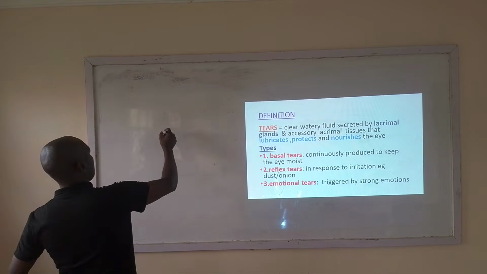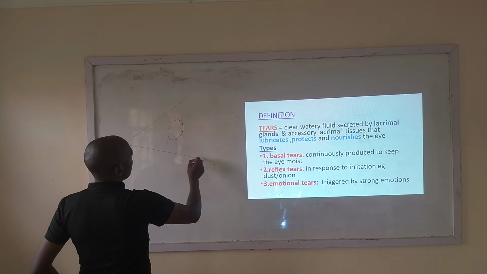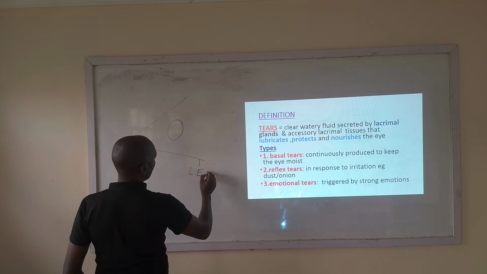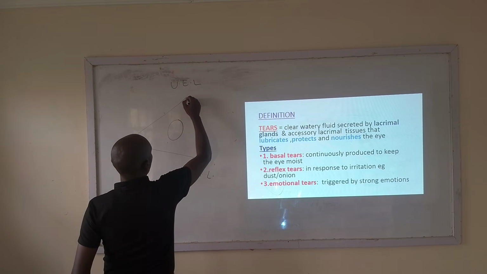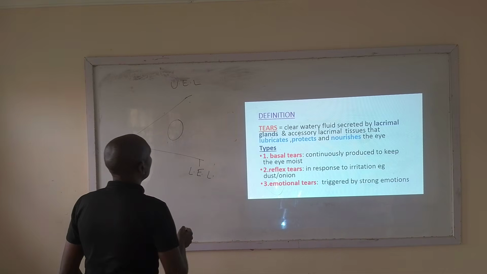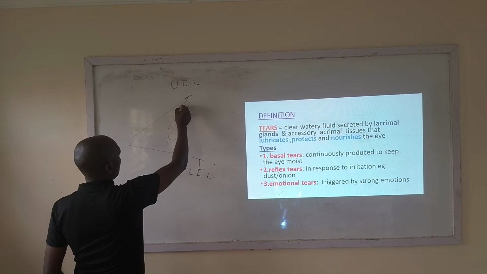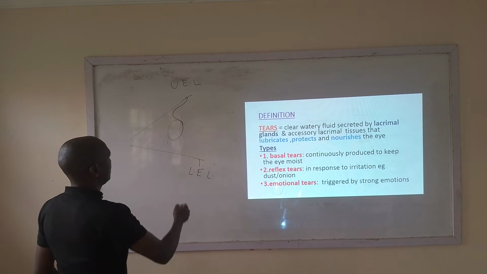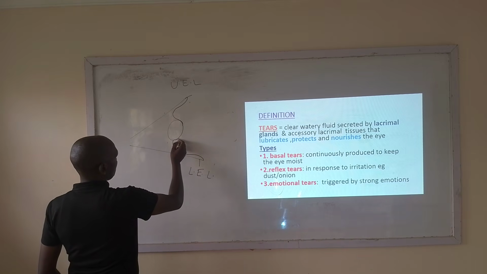When you have your eye here, for example, and this is the lower eyelid, and this is the upper eyelid, the conjunctiva is the tissue that lines the upper eyelid and then comes onto the surface of the eye. The same thing down here: it lines the lower eyelid and then comes to the surface of the eye.